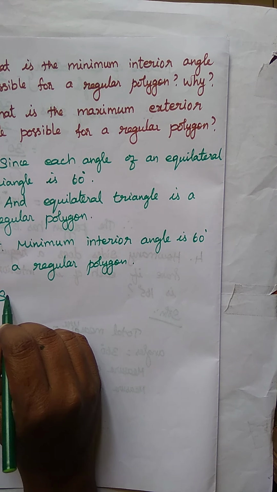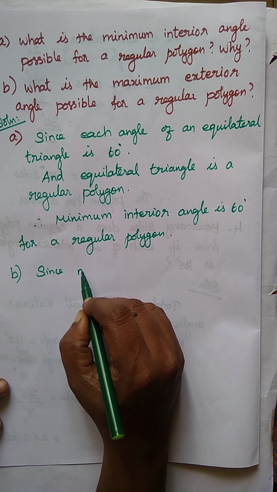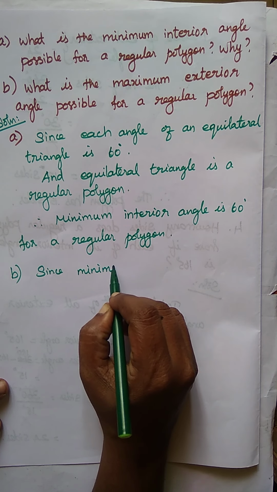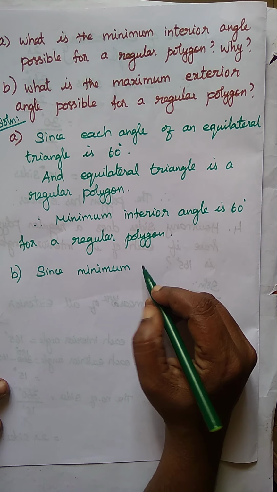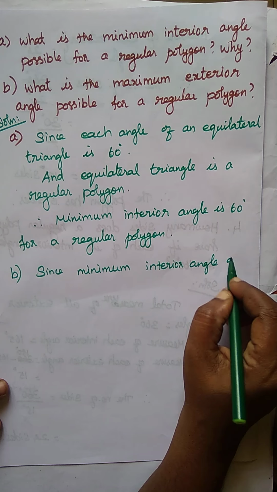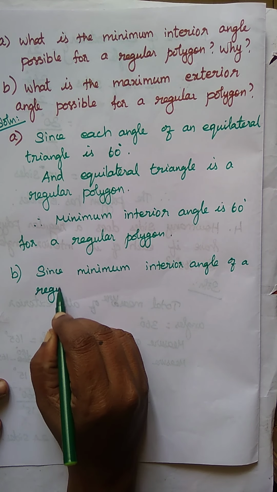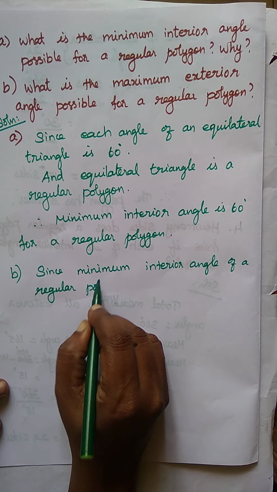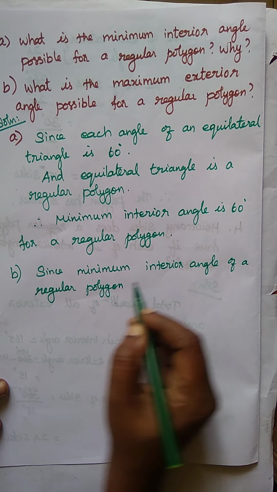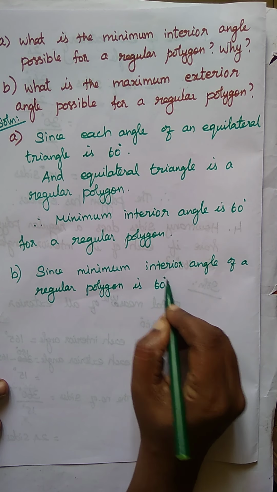Okay, since the minimum interior angle of a regular polygon is 60 degree.